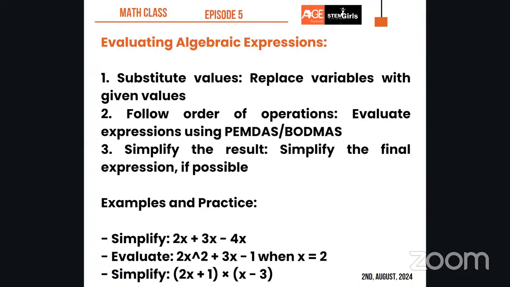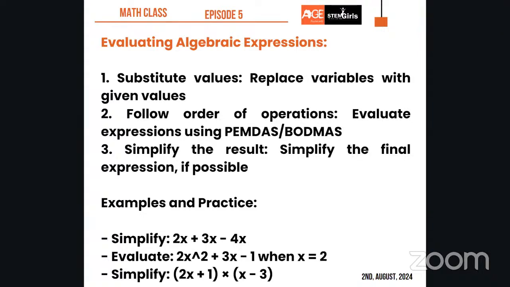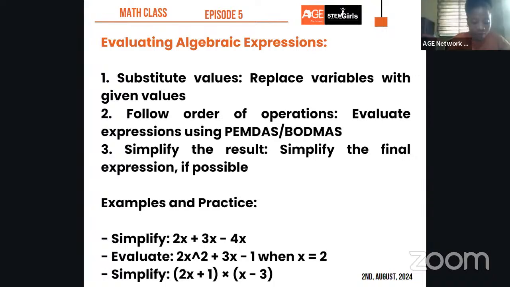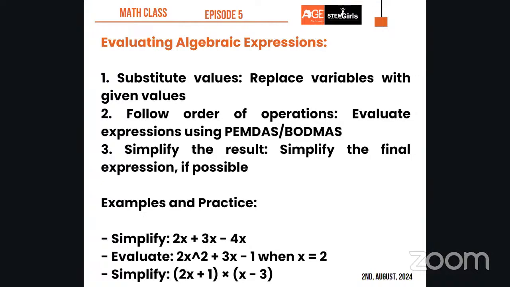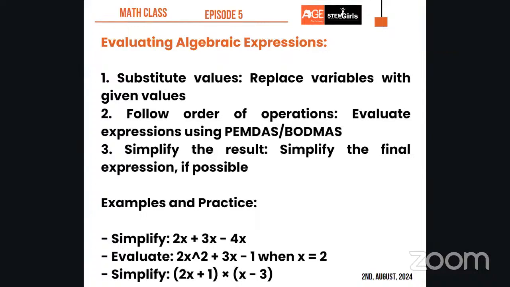Now you go to plus 1. Plus 1 multiplied by x is x, and plus 1 multiplied by minus 3 is minus 3. So at the end of the day, you now have 2x squared minus 6x plus x minus 3.